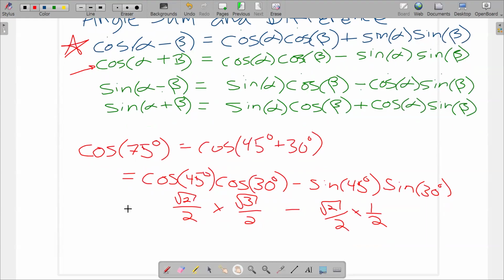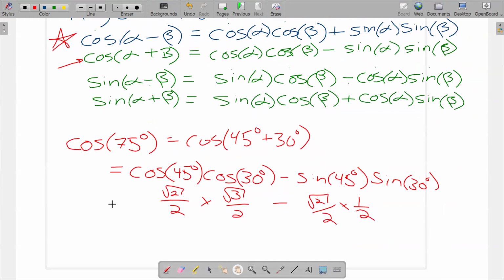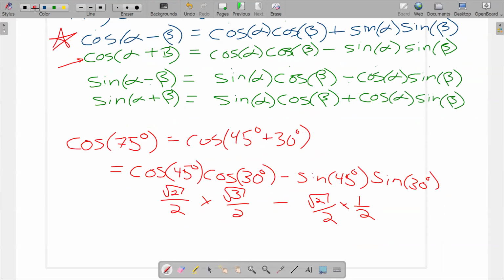And then I always ask myself, is it better factoring or just combining these? So there's two different versions of how to write this. I could say that this is the square root of 6 over 4 minus the square root of 2 over 4 would be one way to do it. Or you might notice we can factor a whole bunch of stuff out.